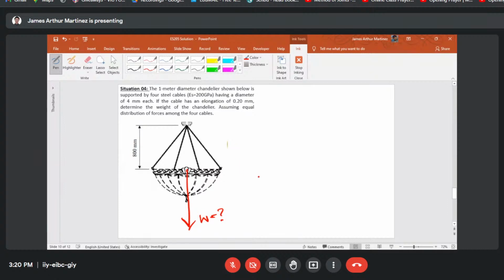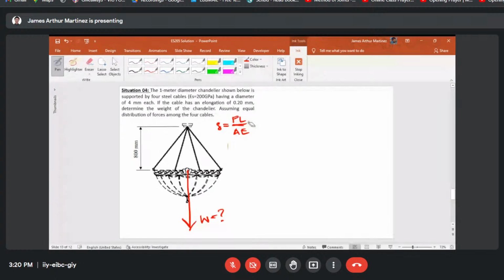So deformation is the given condition, and the modulus of elasticity is also given. We have the equation of deformation as delta equals PL over AE.